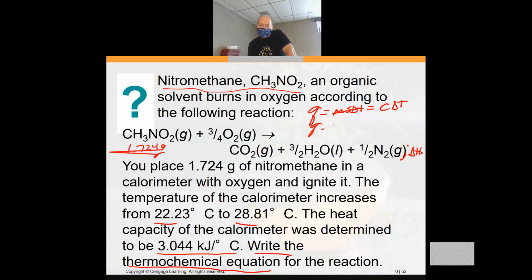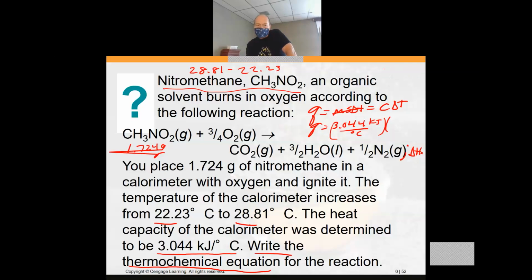So to find Q, we simply put in our 3.044 kilojoules per degree, and then we have to calculate our degree change. Well, we simply take our final, 28.81, subtract the initial 22.23.